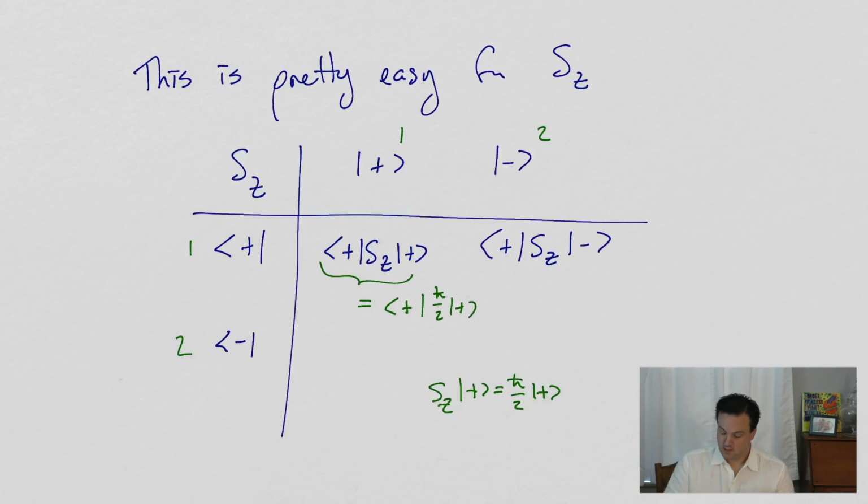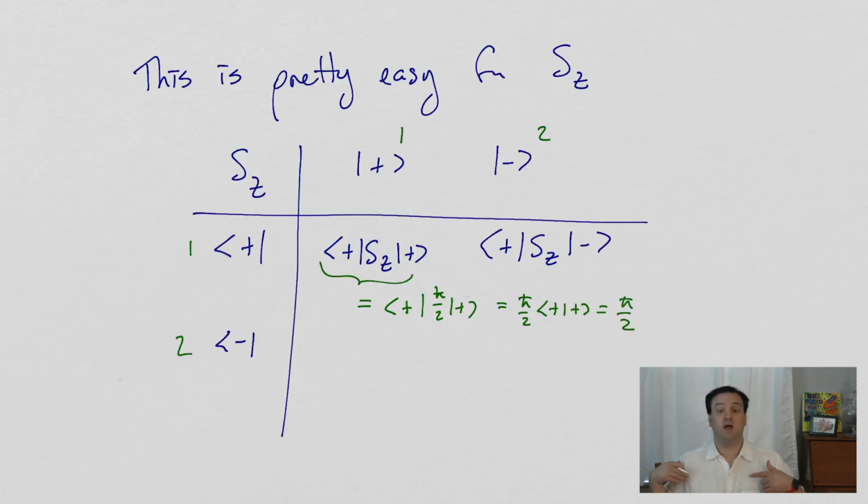Let me erase this so that I have a little bit more room. What that means now is that the thing that was hard to do, because there was an operator squished in between two states, turns out to just be h bar over 2 times <+|+>, which is of course just h bar over 2, because it's a beautiful orthogonal set of eigenvectors, and the plus state dotted with the plus state is 1, because I properly normalized my eigenvectors.